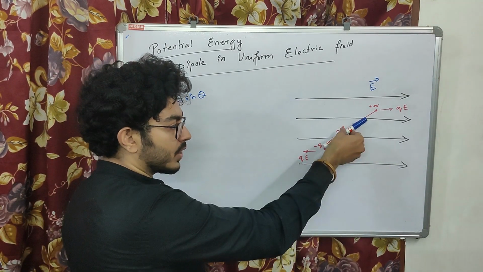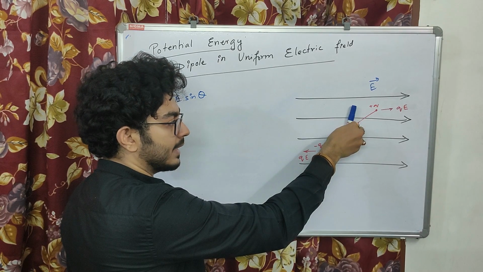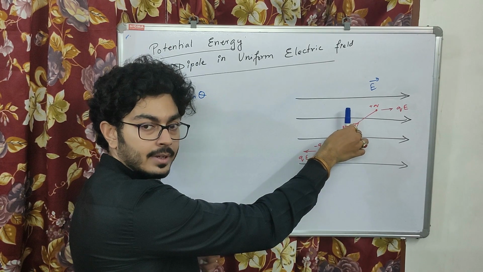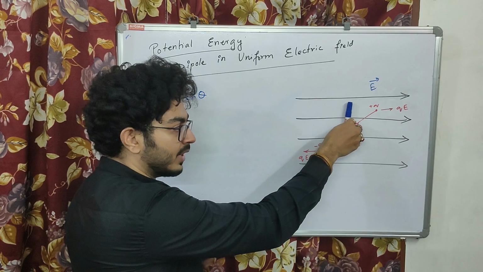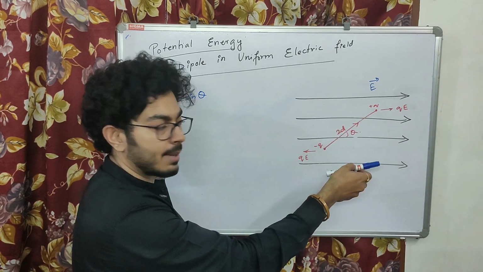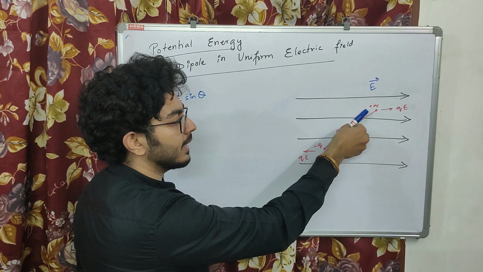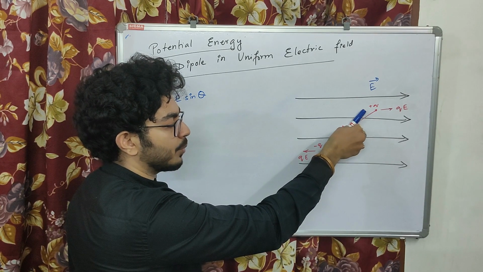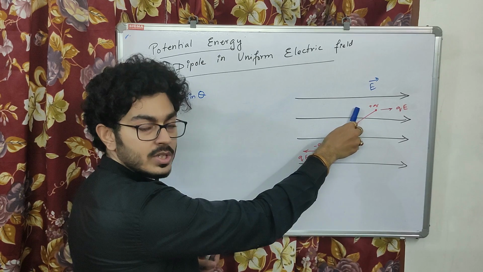Now here, if we are trying to rotate this dipole in the anti-clockwise direction, then what will happen? This electric field will again try to align this dipole in its direction. So you have to do some amount of work to move this dipole in the anti-clockwise direction.